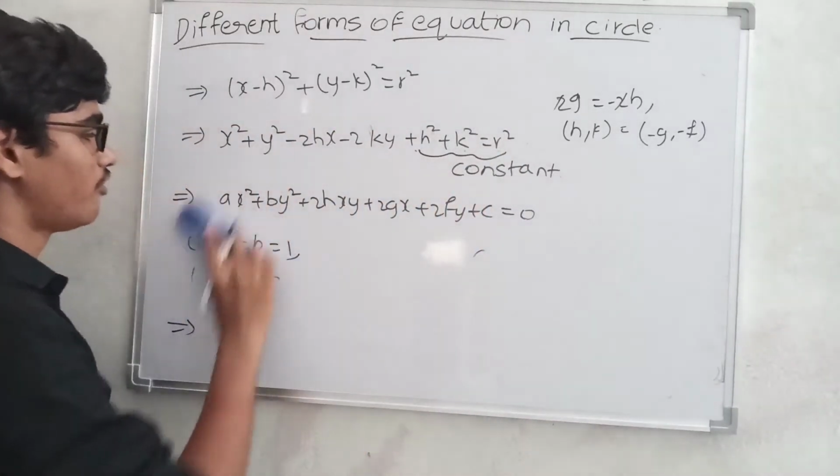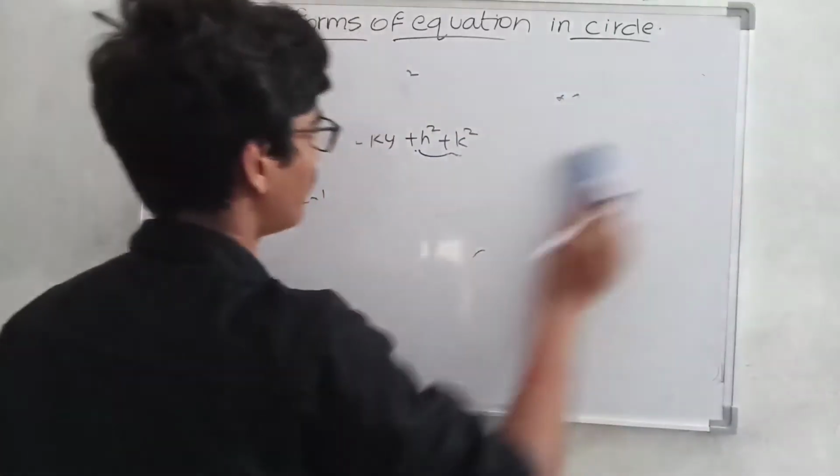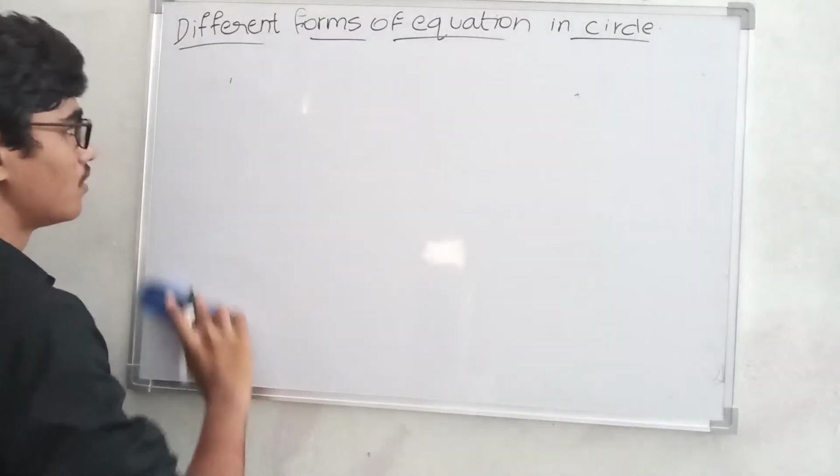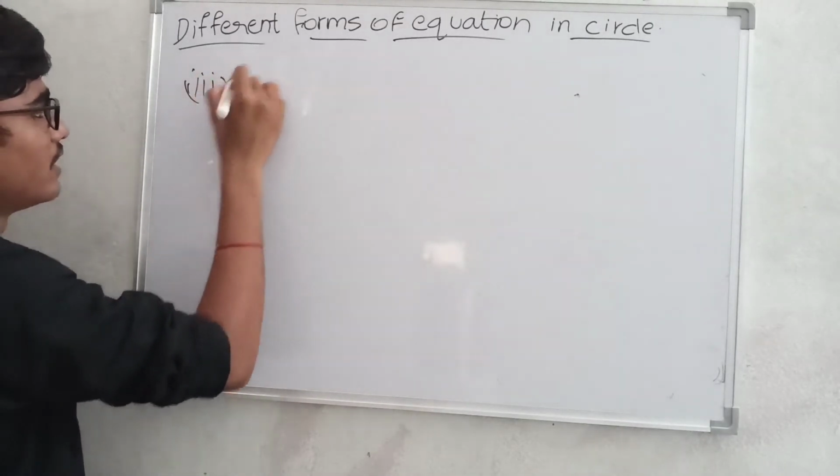These are the two forms of equations of a circle, and there is another form, the diameter form, the third one.